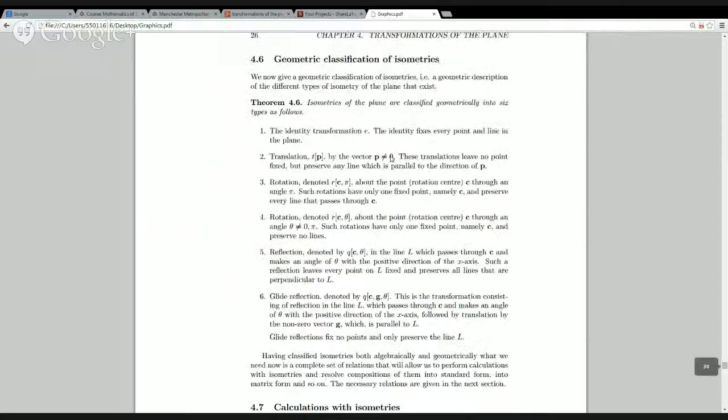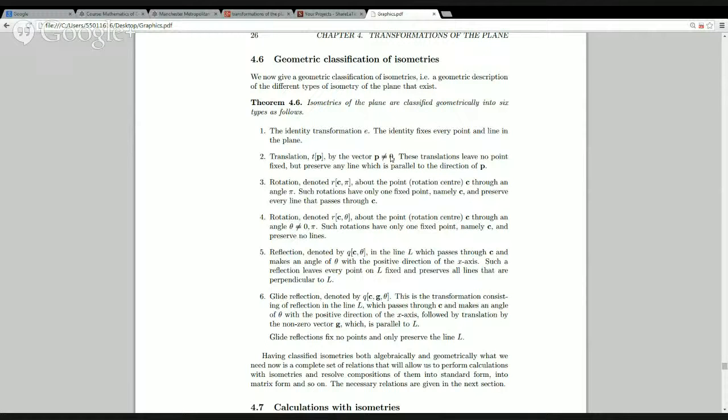So let's suppose that it's one that fixes the origin, i.e., it is represented by multiplication by a matrix A.